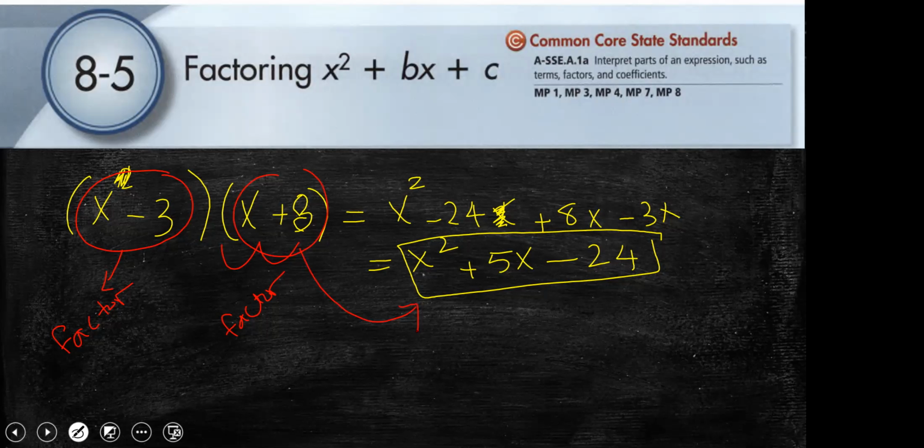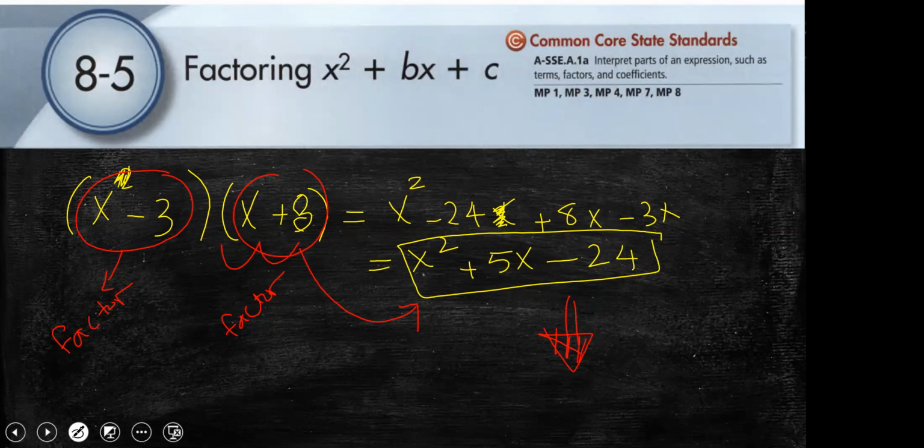This is what we learned in the previous lesson. Today, I will give you this expression, the trinomial, and I want you to factorize it, to write it as x minus 3 times x plus 8.